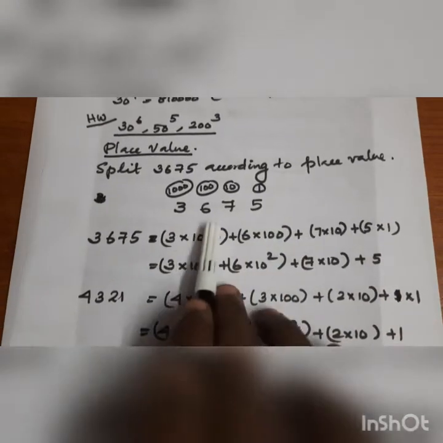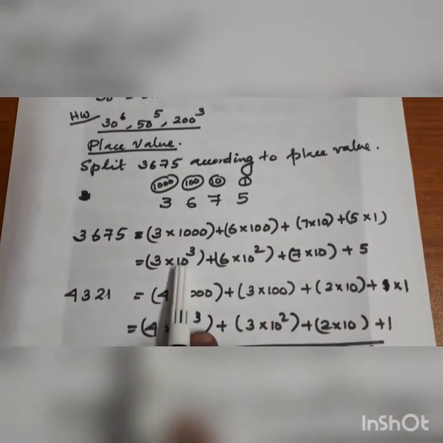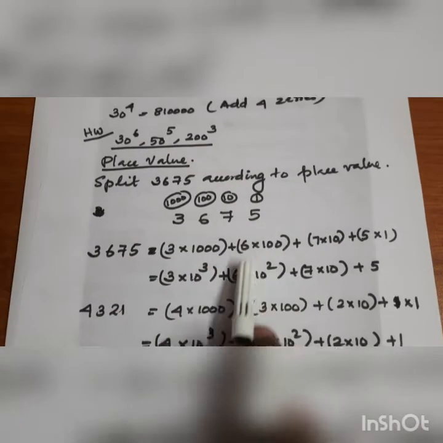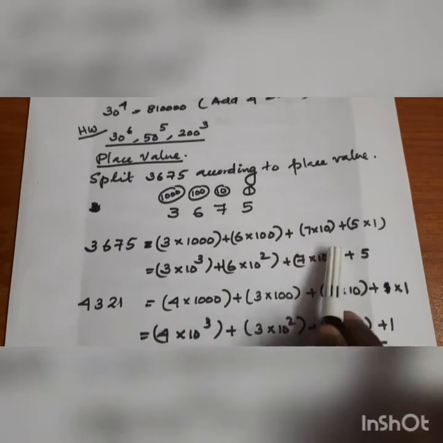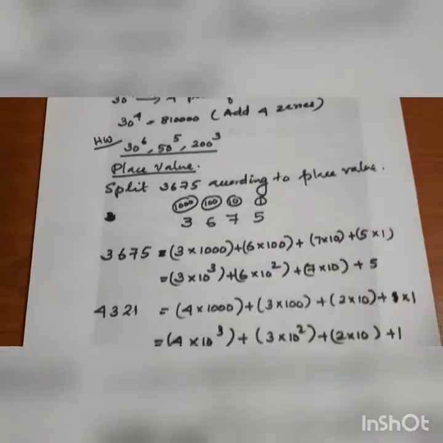Here 1000 can be written as 10 raised to 3, 100 as 10 raised to 2, and then 7 into 10 plus 5.